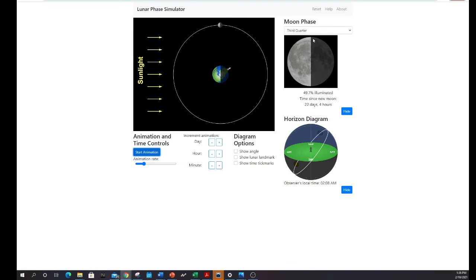So we can now see the other half of the moon illuminated. In the first quarter moon, remember we saw the right side of the moon illuminated. Now we're seeing only the left side illuminated. And the percent of the moon that we can see illuminated will decrease each day as the moon travels back around to line up between us and the sun.